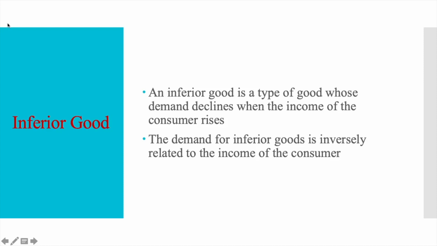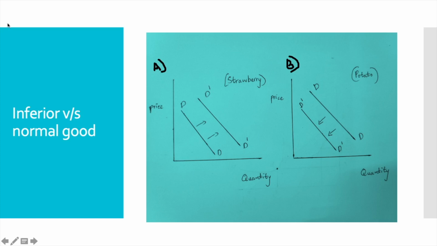For example, suppose there are two commodities that the consumer consumes, strawberries and potatoes, and assume that the consumer consumes both. Here, strawberries is considered a normal good and potatoes is considered an inferior good.